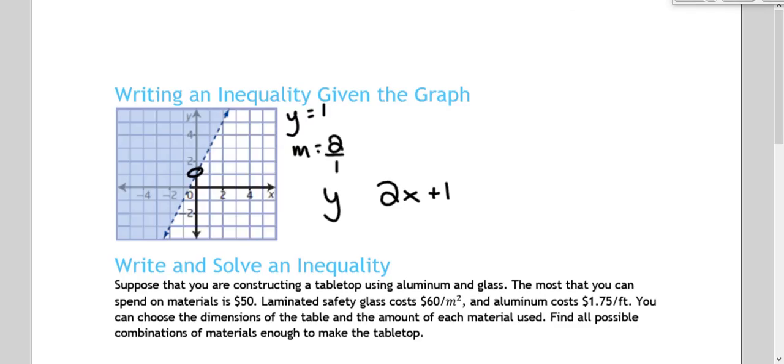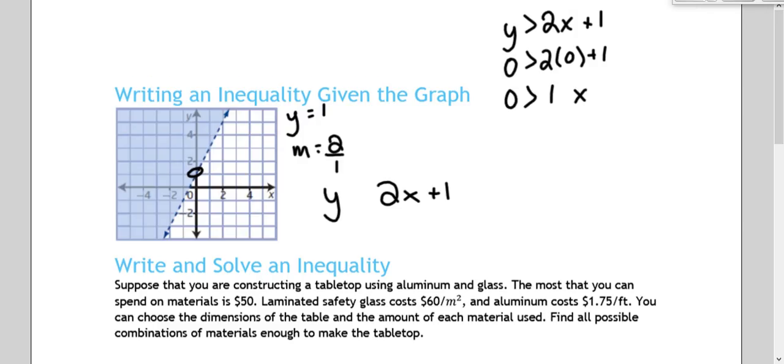So let's try. If we said y must be greater than 2x plus 1, and we test 0, 0, so 0 greater than 2 multiplied by 0 plus 1, and 0 must be greater than 1, that's not true. So we would not shade the side with 0, 0.